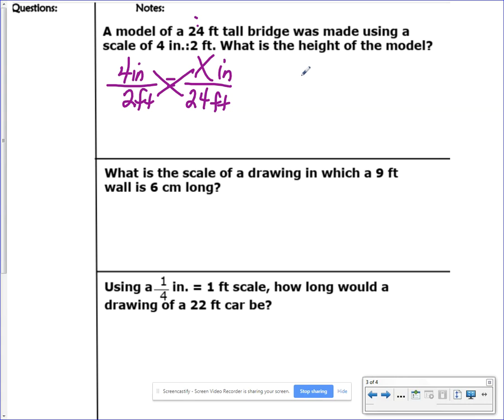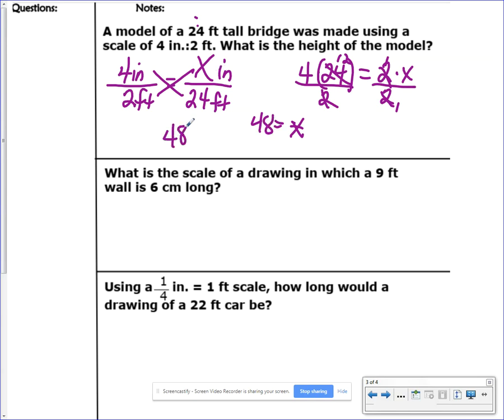Cross multiply and solve. 4 times 24 equals 2 times x. Isolate your variable. Let's see, 2 can go into 24 12 times. 4 times 12. I get x equals 48. 48 inches. That's the height of the model. That's pretty tall. That's 4 feet. That's a stinking big one.